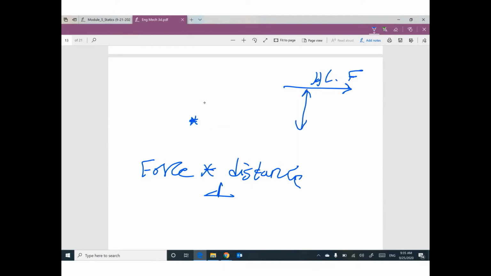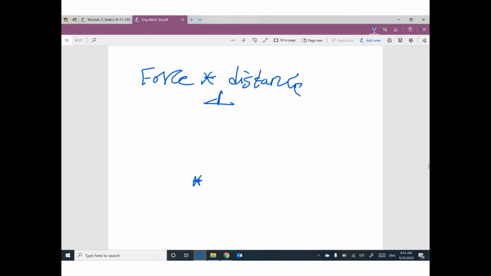If your force is a vertical force, your distance must be horizontal. Your distance and your force must be perpendicular. It's tricky. Be careful about this point.